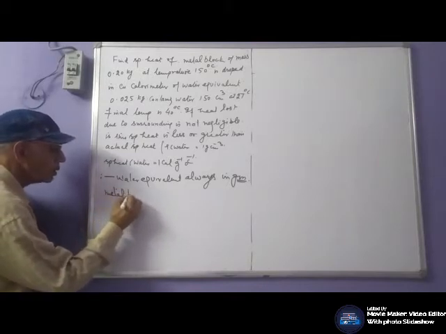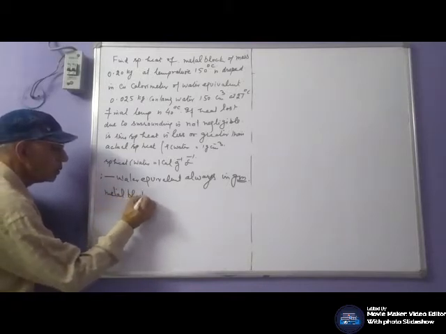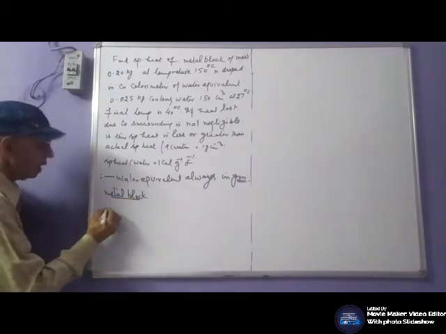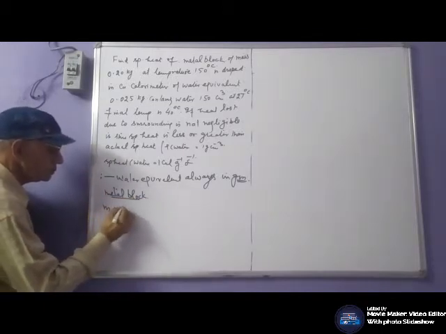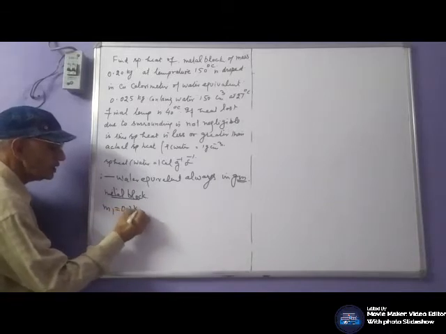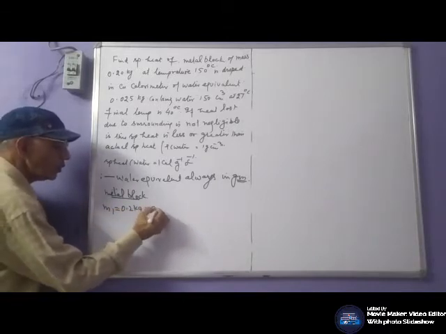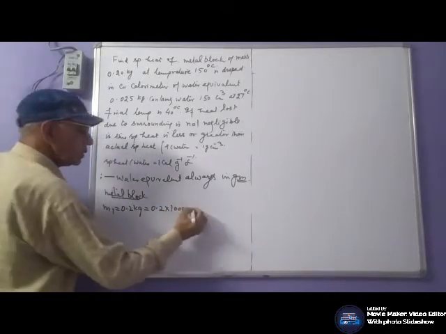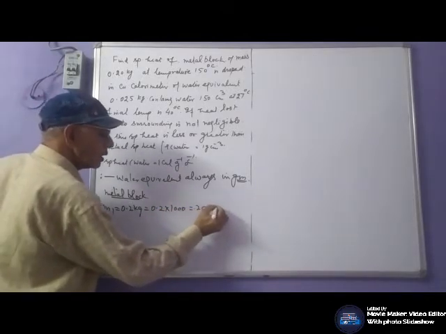Metal block. What is given for the metal block? Mass is 0.2 kg. 0.2 into 1000, it is 200 gram.